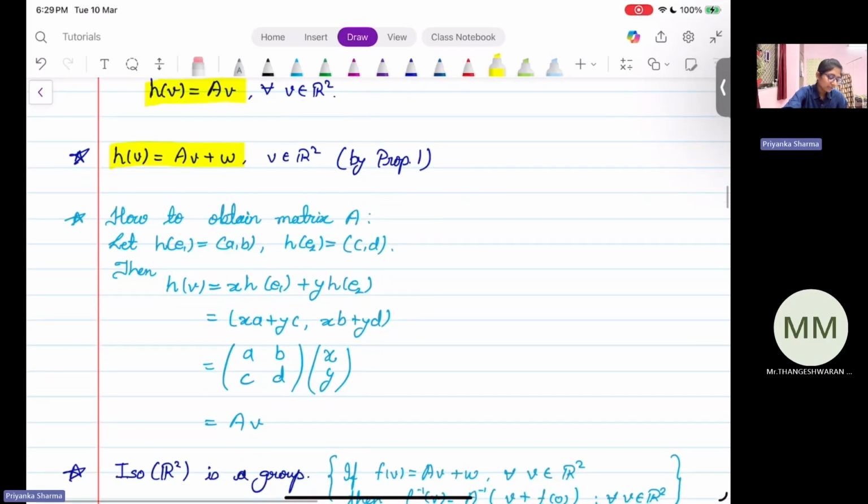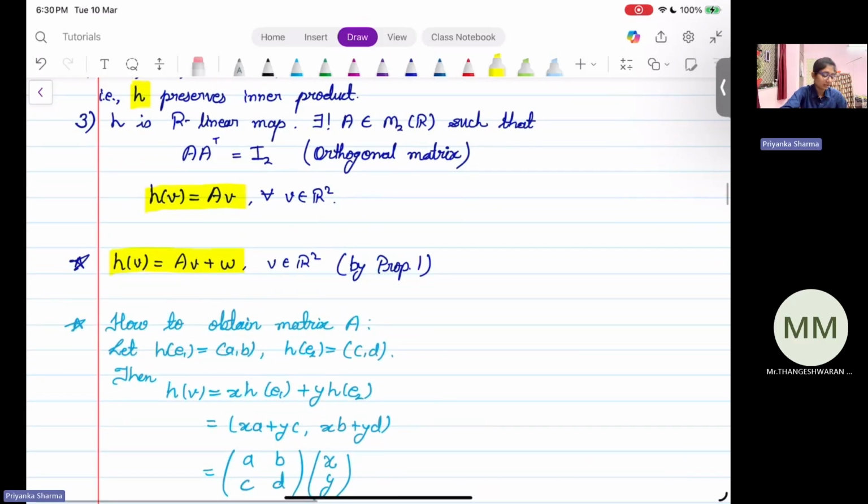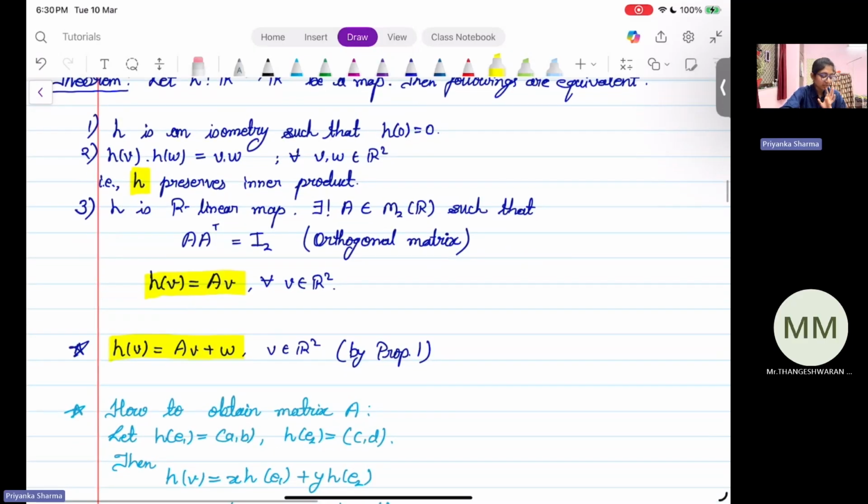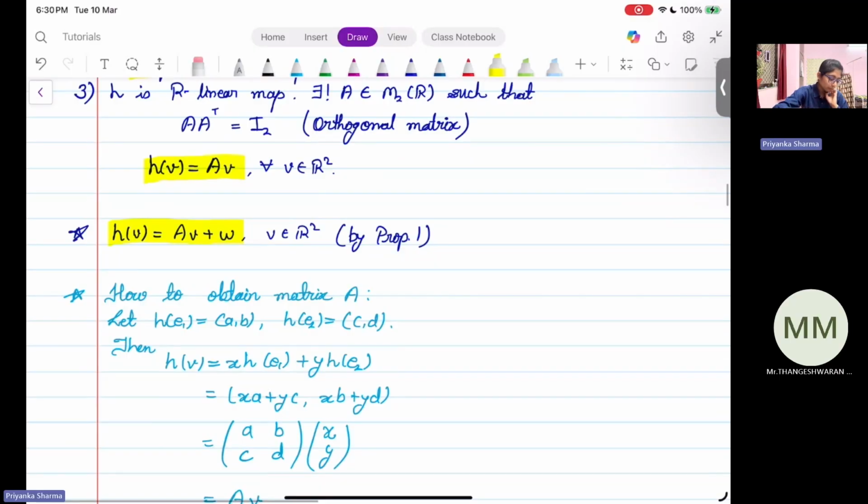Now, how to obtain the matrix A? Whenever we have an isometry, say H, and H(0) is 0, that is, it fixes the origin, then we can write H(V) as AV. But how can we get the form of the matrix A, which is an orthonormal matrix? So again, we consider the standard basis, that is E1, which is (1, 0), and E2, which is (0, 1).